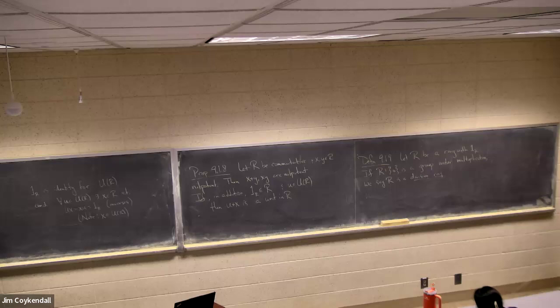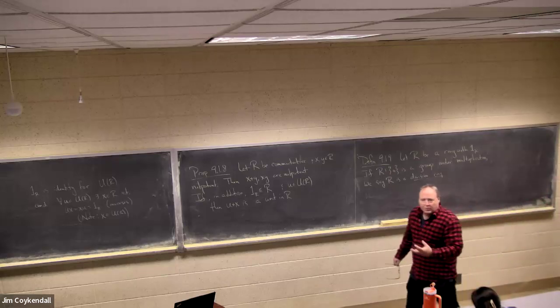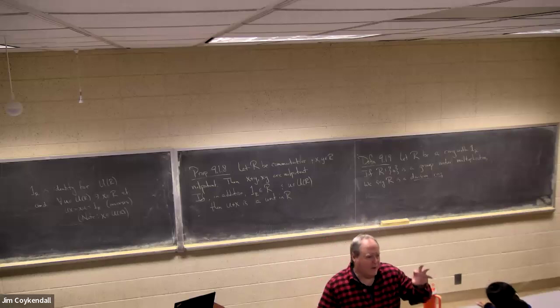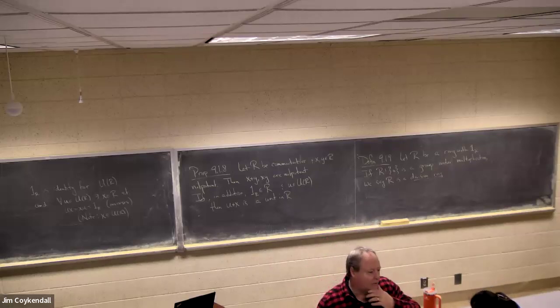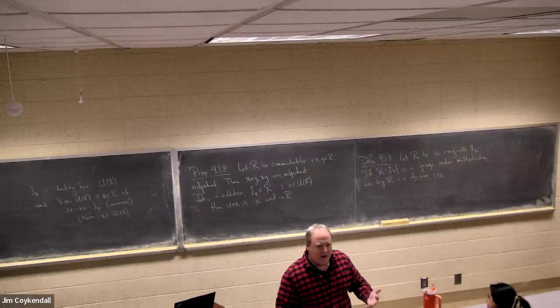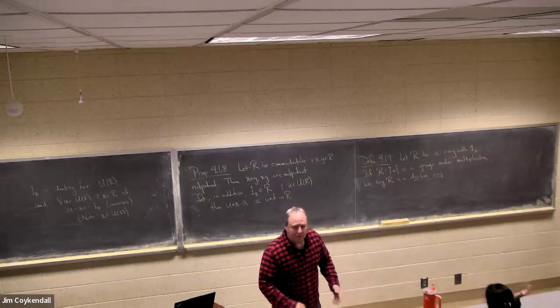So basically you're saying every non-zero element of this ring is invertible, it has an inverse in that ring. We call such a ring a division ring because you can divide any element by another element as long as what you're dividing by isn't zero.